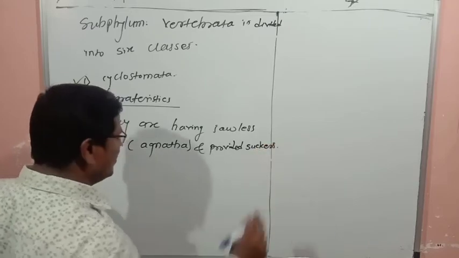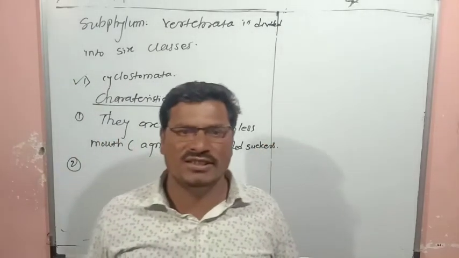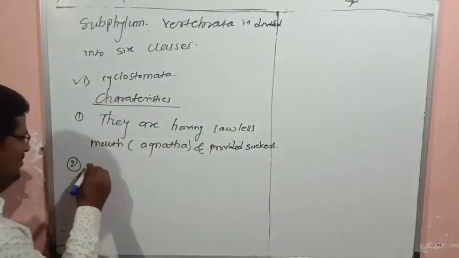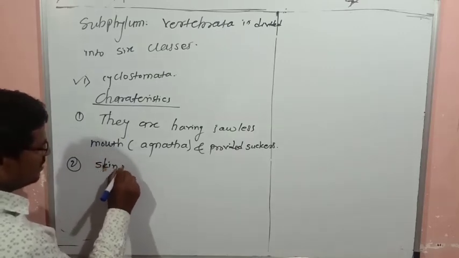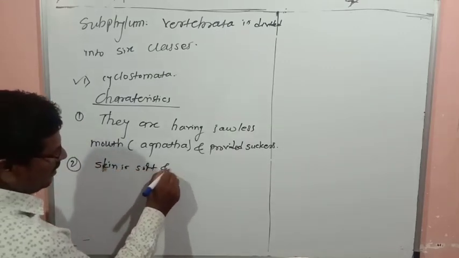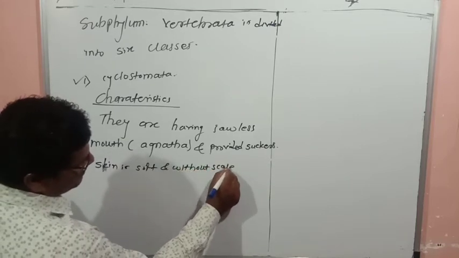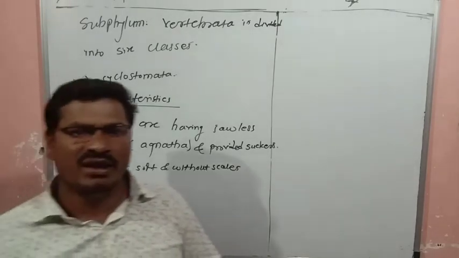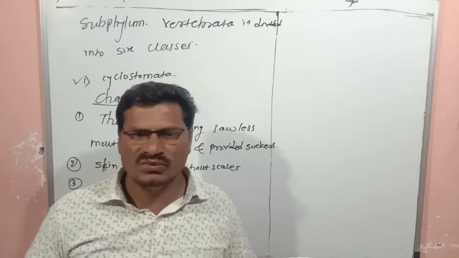The second point is that the skin is soft and without scales. The third point is that paired appendages are absent.